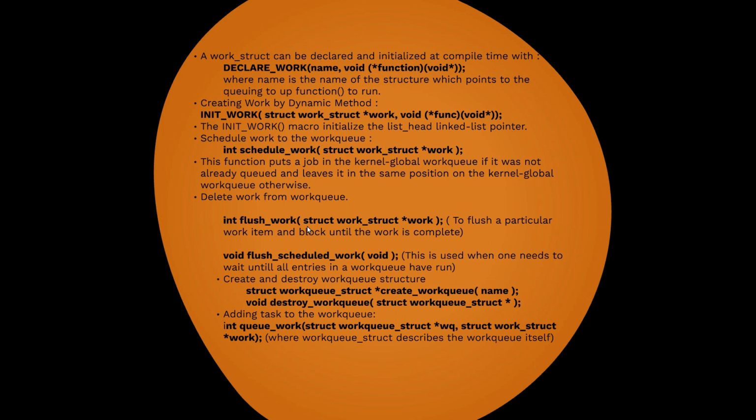Just write some code where your particular process needs to go to sleep. Do some multitasking where you can use this interrupt handling concept and bottom half, and only then can you learn interrupt handling and the bottom half concept in depth.